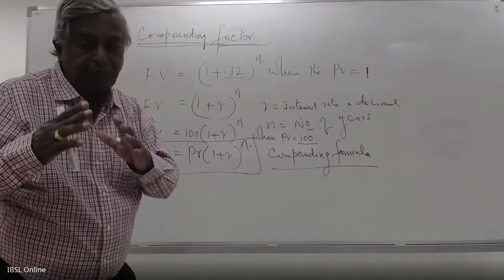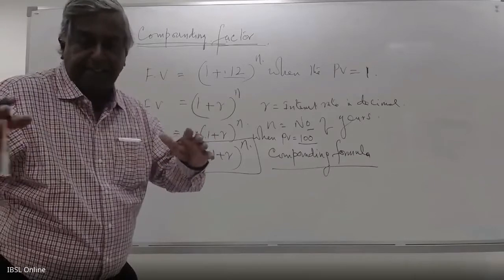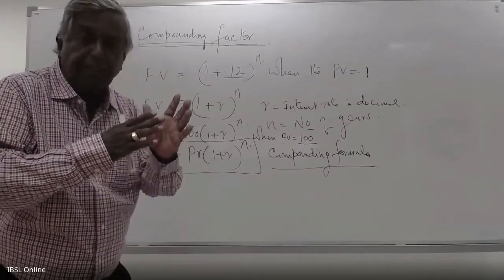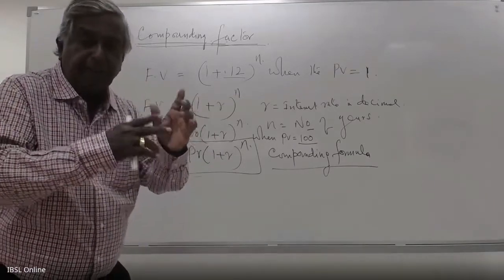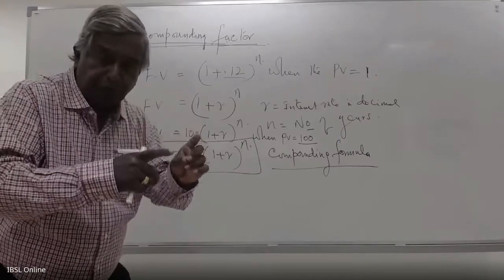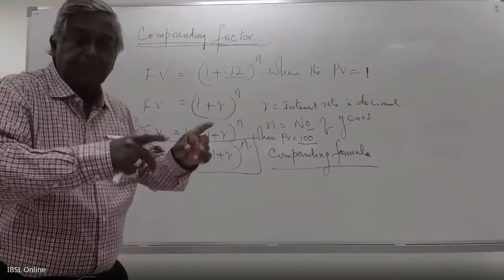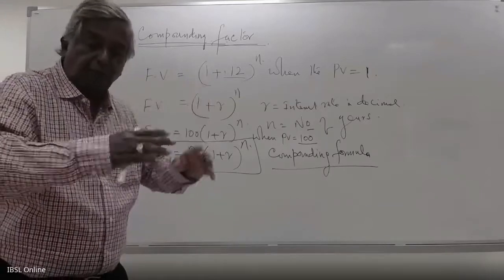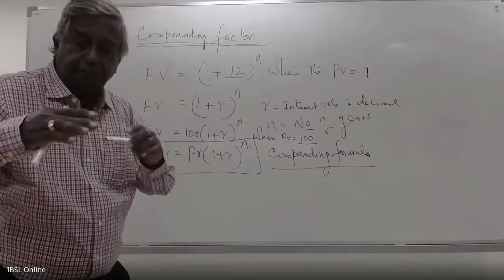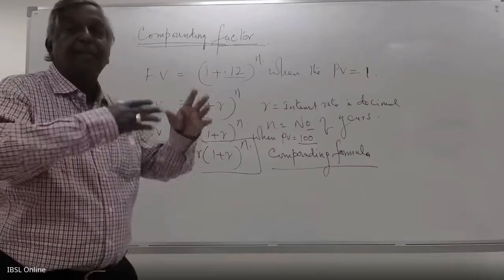So you will get various compounding factors depending on the interest rates, maybe 1%, 1.1%, 1.2%, 1.3%, 1.4%, and so on, and 2%, 2.1, 2.2, then 3%, 3.1, 3.2, 4%, like that.